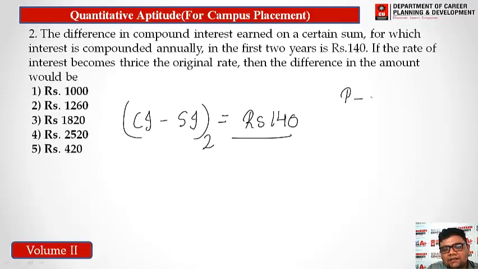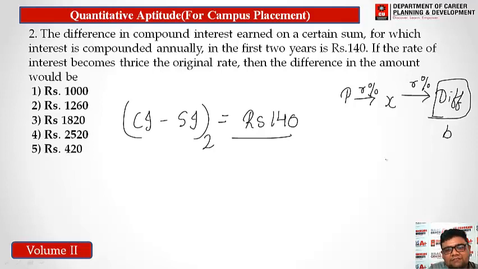Firstly we apply the rate of interest on it, R%, that will give us a value, let us take X, then again we apply R% on it, then the difference between SI and CI for 2 years comes out, which we take as B. So now in this we have applied R% 2 times, so R% square, right?